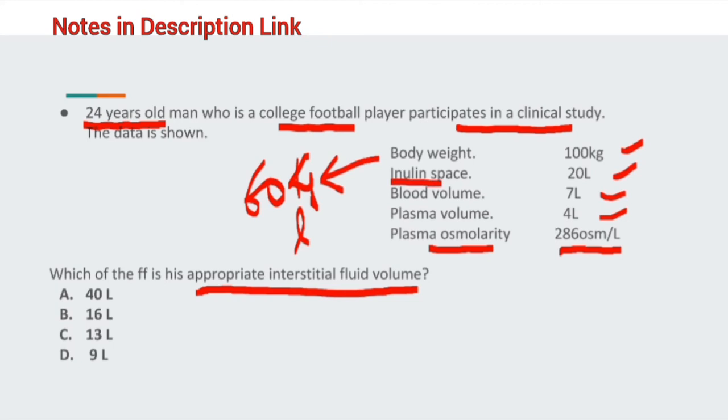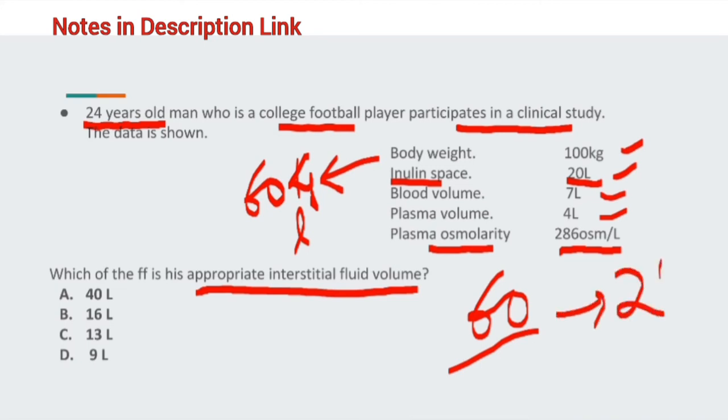As I discussed, inulin is the tracer of the extracellular fluid. So the inulin space is actually the extracellular space volume, that is 20 liter. So 60 kg is the total volume in that person. Out of 60 liter or 60 kg, 20 liter is the extracellular fluid.